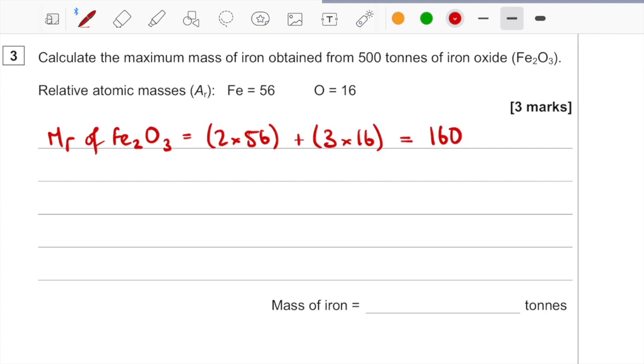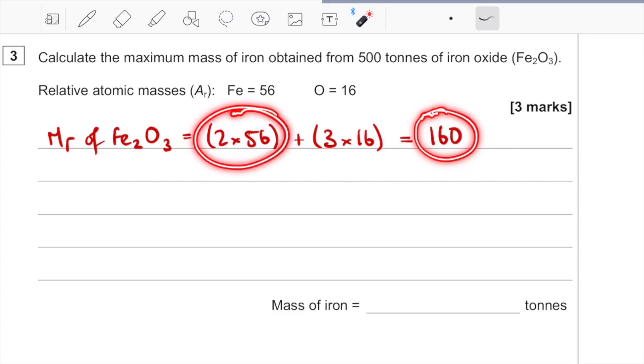Now, it's asking us for the maximum mass of iron that we can get from this. So if we had this amount of iron oxide, the amount of iron we could get would be the amount of iron that's in that iron oxide, which is this. So a percentage of our iron oxide is iron, right?